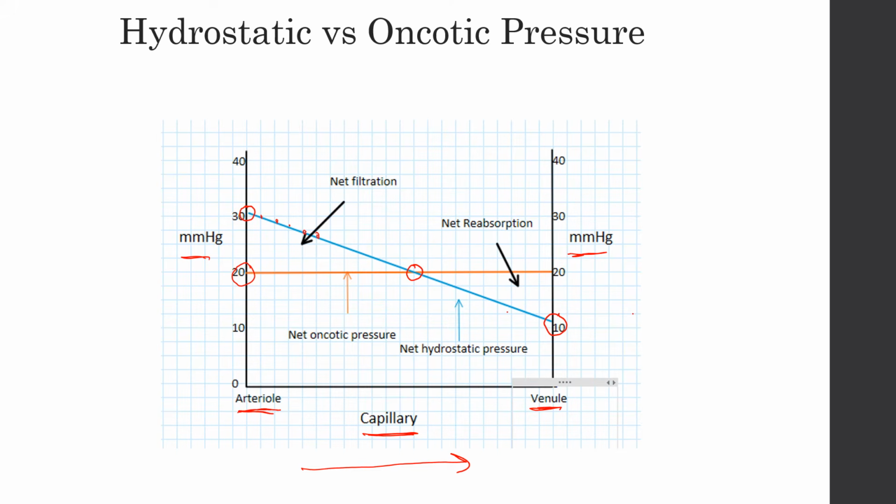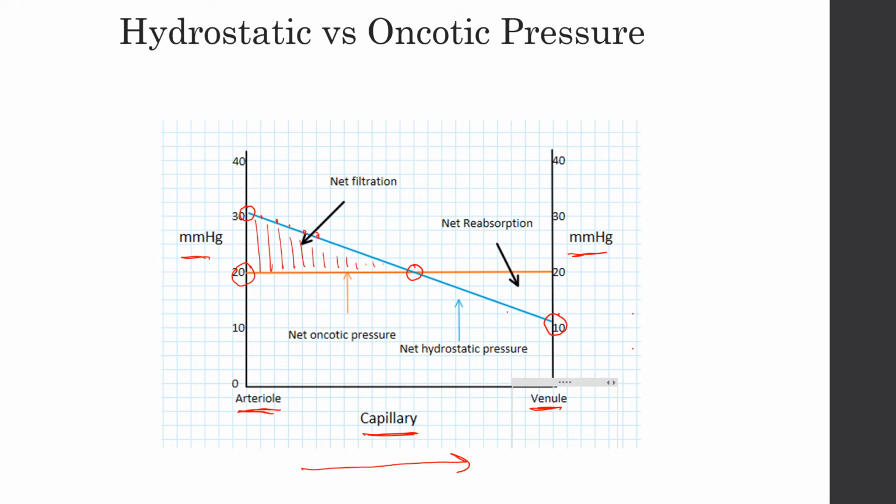So this triangle, which I'm going to shade in, represents filtration, which occurs for almost more than half of the capillary's length. We're filtering because the hydrostatic or pushing force is greater than the absorbing or pulling force of the oncotic pressure.